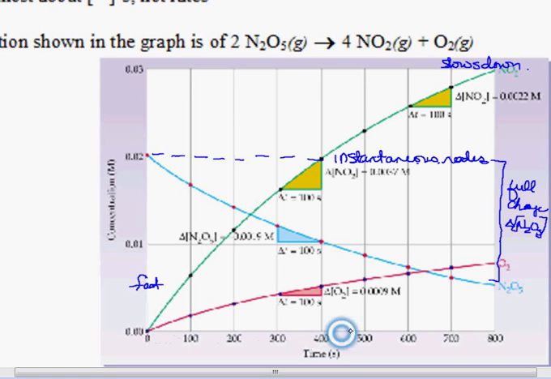Oxygen started down here at the bottom. And since it started down here at the bottom, if we take a look to see how much oxygen changed by, you can tell that the amount that oxygen changed by, this distance, is approximately half the distance of the dinitrogen pentaoxide having changed.